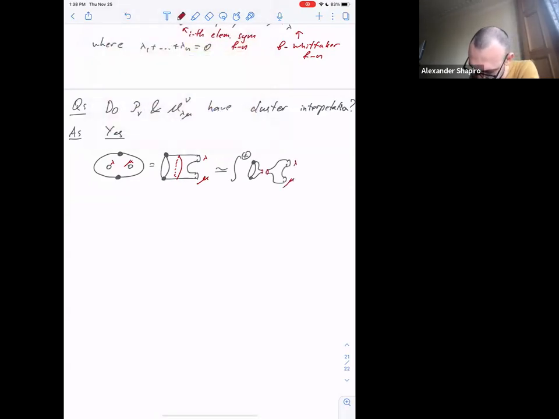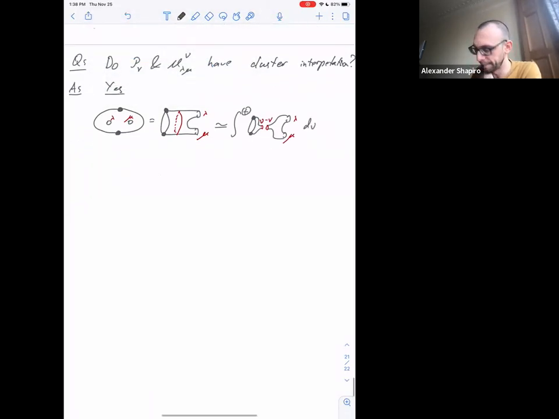This is lambda, this is mu, this is nu, and this is minus nu, and all of it you integrate over d nu. So this picture on the left is p nu, as we've seen, and this is m lambda mu nu, right? Here we take the tensor product.